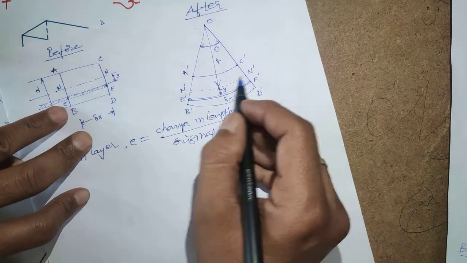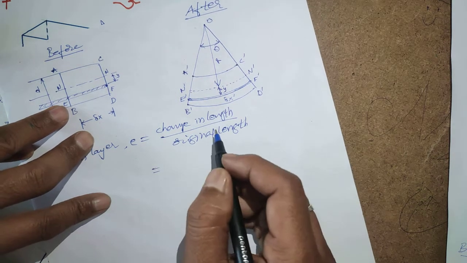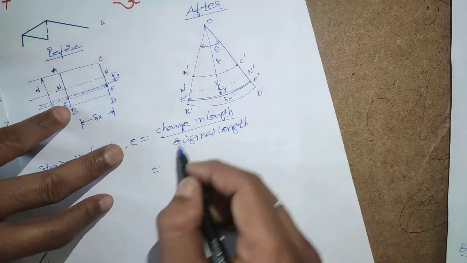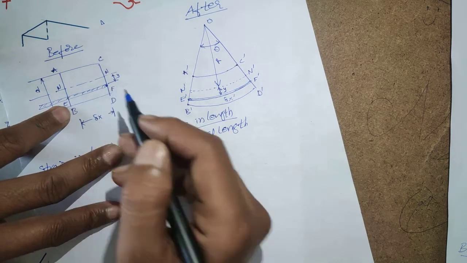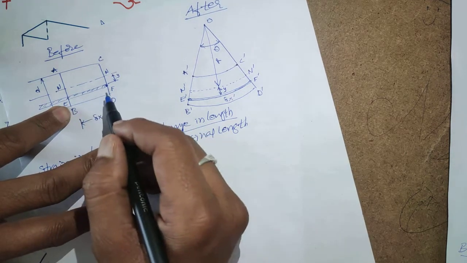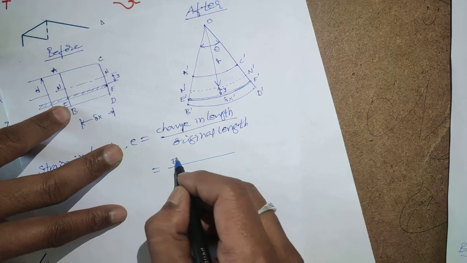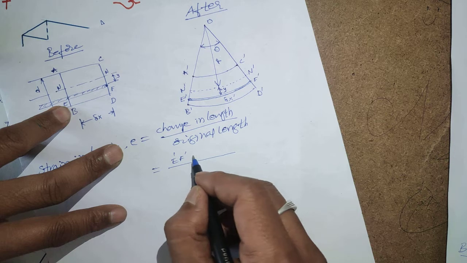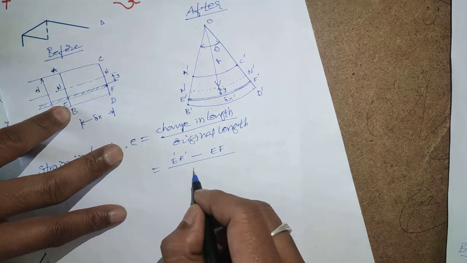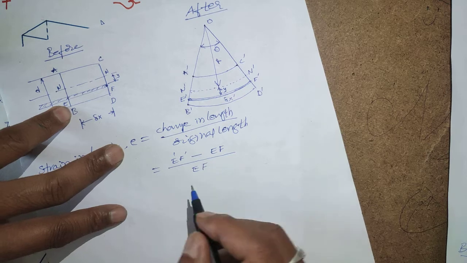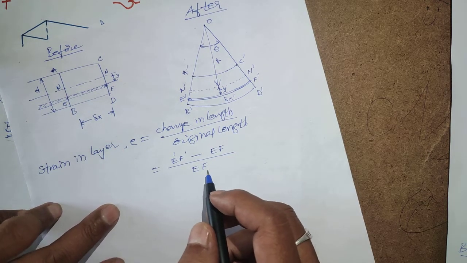This is the initial and final difference. Final length is E dash F dash. Initial or original length is EF. So the change in length is E dash F dash minus EF, divided by EF. Okay. This is the strain in the layer.